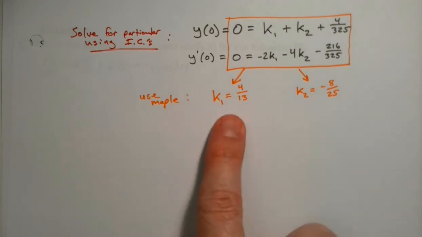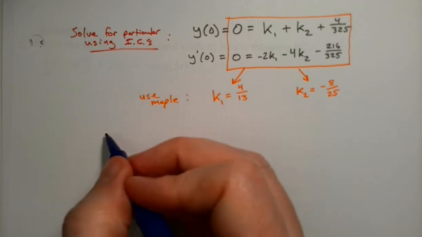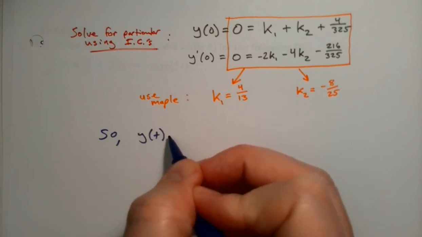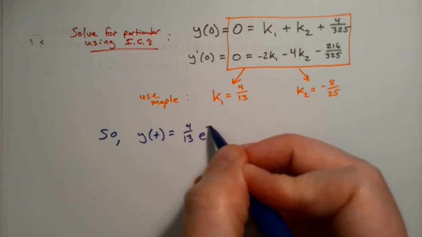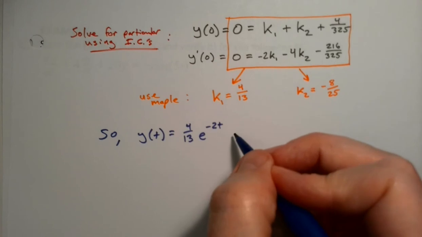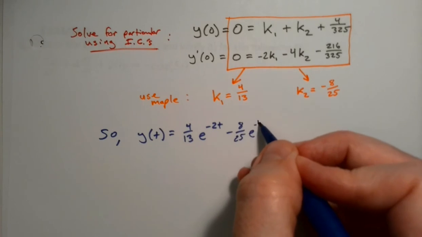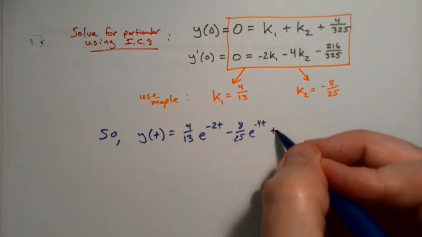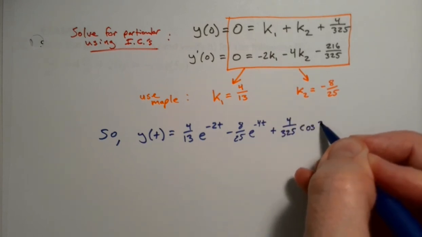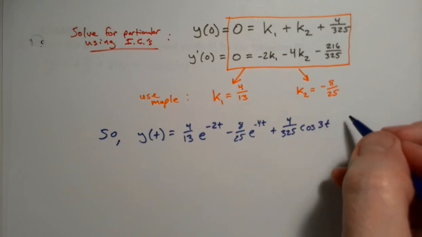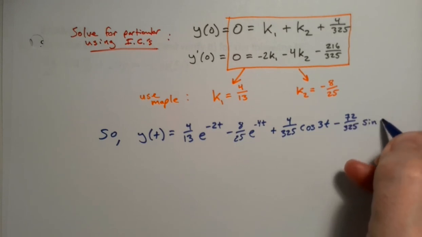Well, we just found our constant values for our general solution, which means now everything's all said and done, we can say our particular solution is going to be k1, which is 4/13, times e to the minus 2t, minus 8/25, k2, e to the negative 4t, plus our last two terms, if you remember, were 4 over 325 times the cosine of 3t, minus 72 over 325 times the sine of 3t.